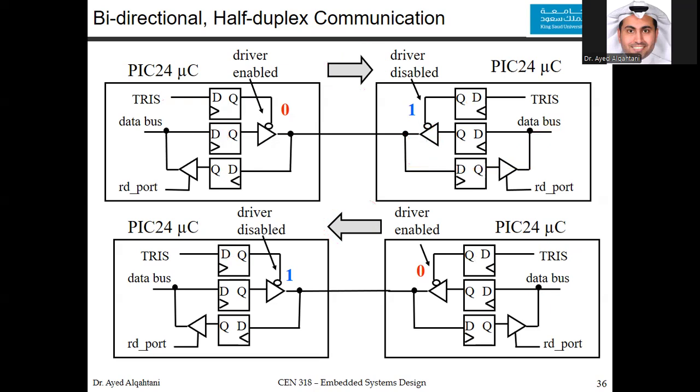We draw it here in a simple way, and you can see from this discussion that this could actually be bidirectional and half duplex communication. Bidirectional, I can make it this direction or this direction, and it's half duplex, meaning at a certain cycle, it could be moving from one microcontroller to the other, or vice versa, from this board to this.